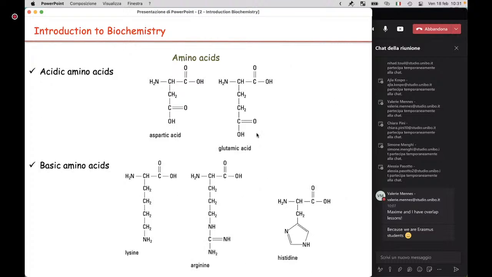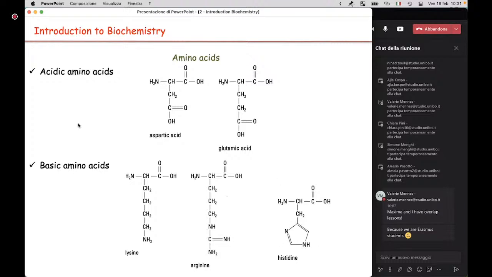And then we have just a few acidic or basic amino acids. Here you can see the acidic group, COOH, of aspartic and glutamic acid, and the basic groups, amino, urea, and histidine group.